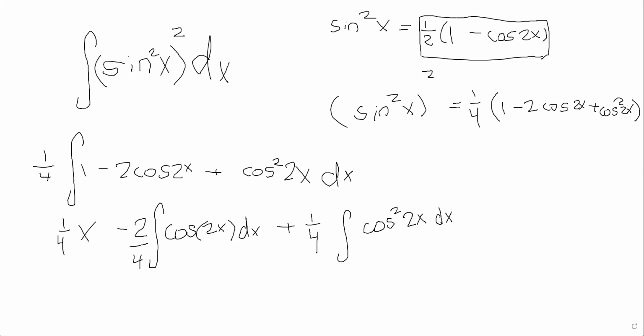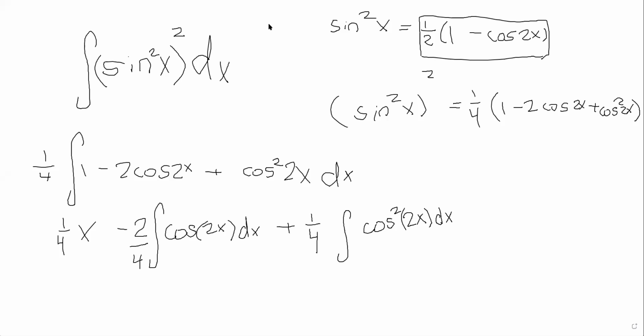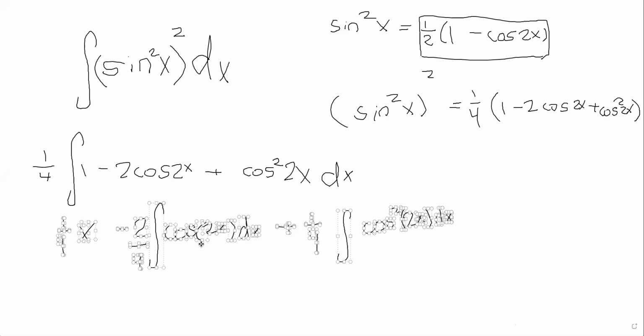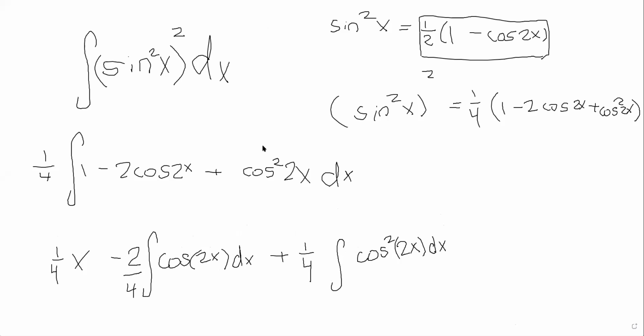Antiderivative of 1 and of cosine 2x. How do you integrate cosine of 2x? Well, it starts out as -2 cosine 2x, but when you split it up, you take out the -2.